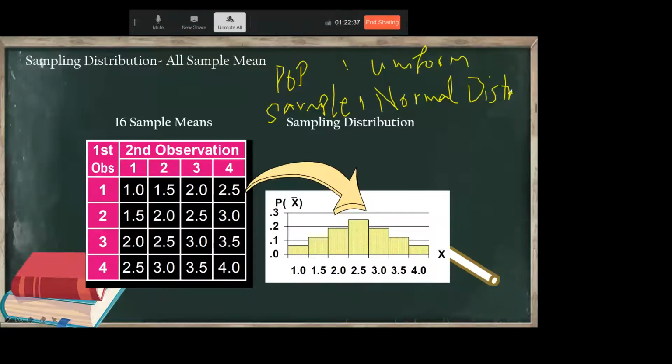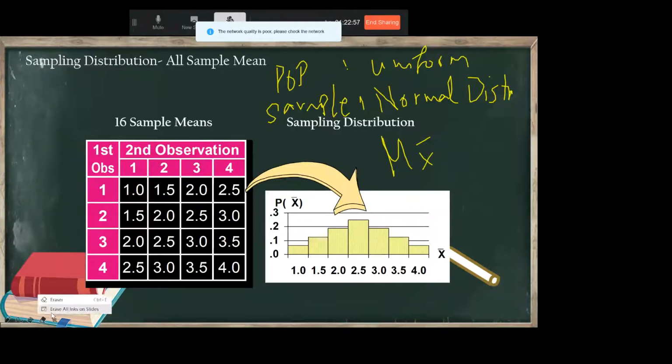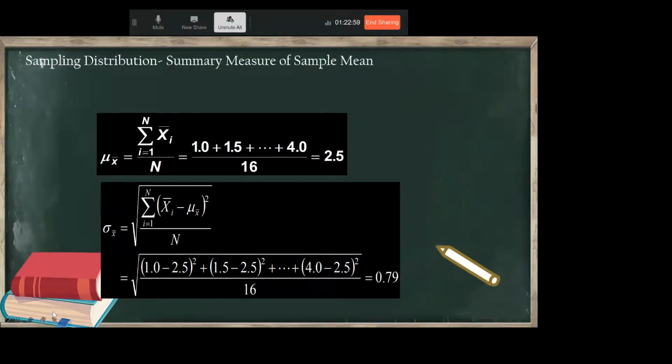But first, let's take the mean of a sampling mean. What will be the mean of a sampling mean? That will be mu X bar. In this case, we have already drawn the frequency table.